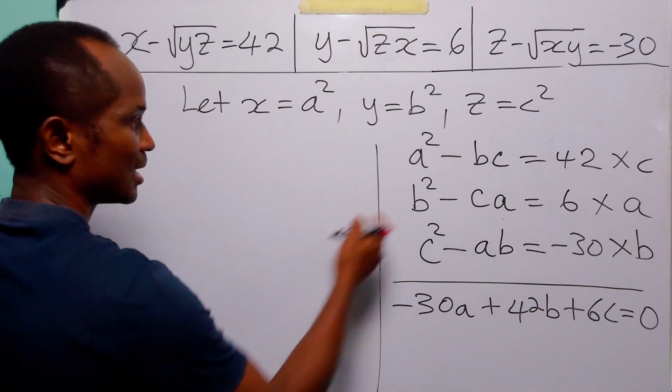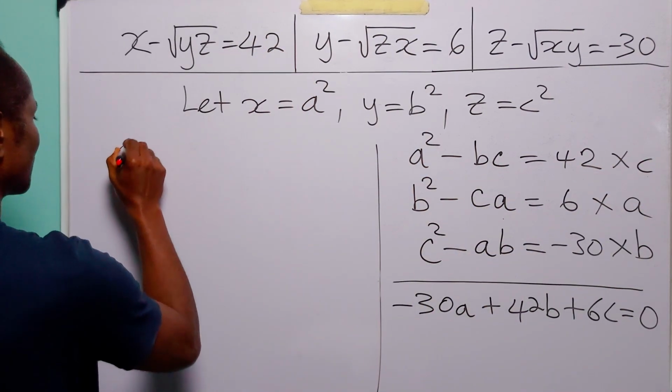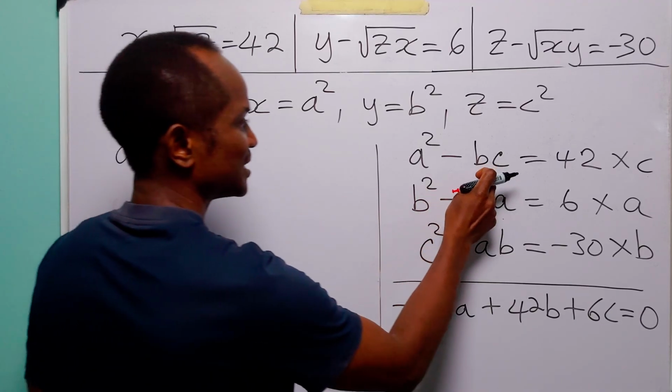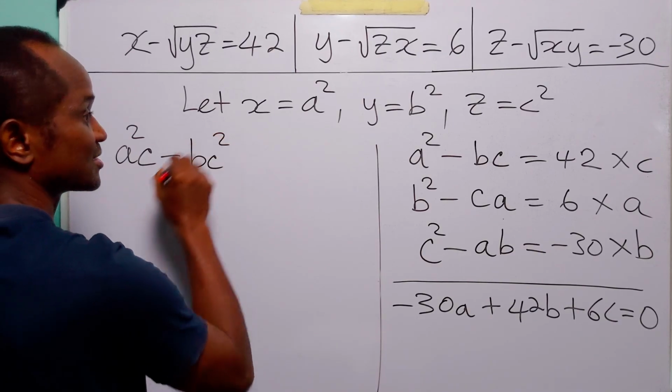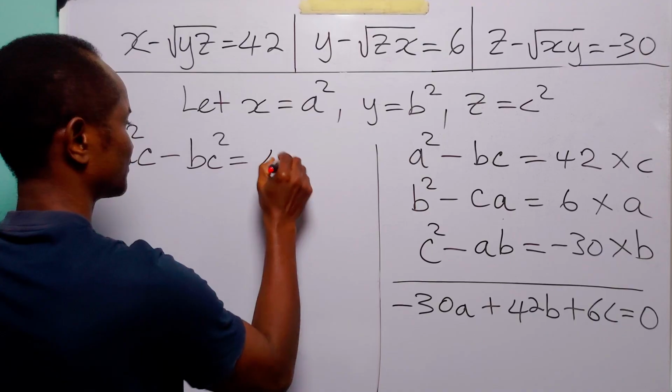Now, multiplying through this equation by c, we have a squared c minus bc times c is bc squared, and this is equal to 42c.